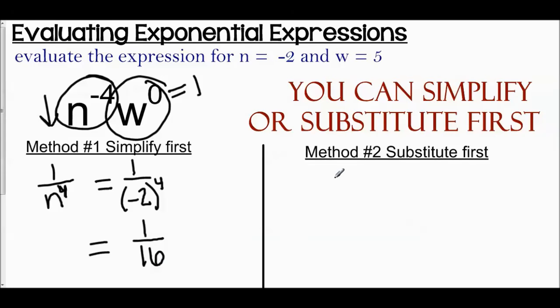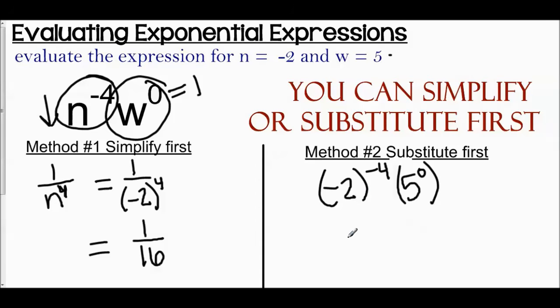Now the other way that you could do this would be to substitute first. So if I did that, I would have negative 2 to the negative fourth power times 5 to the 0 power. Then going from there to simplify, that means that the negative fourth power is only being applied to negative 2.